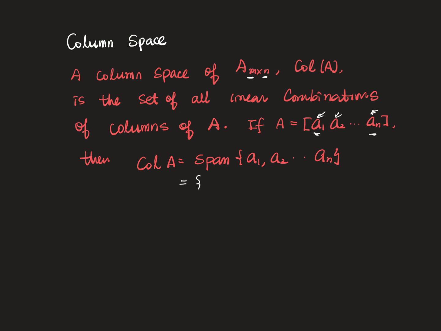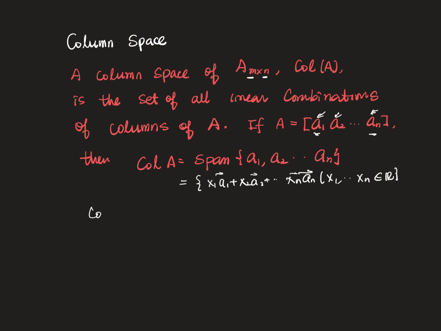What is a linear combination? That's x1 a1 plus x2 a2, and so on. These are vectors, guys. Plus xn an. So x1 to xn are going to be all your numbers. That's how we define the span, right?